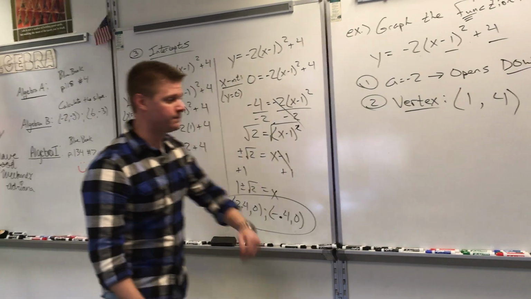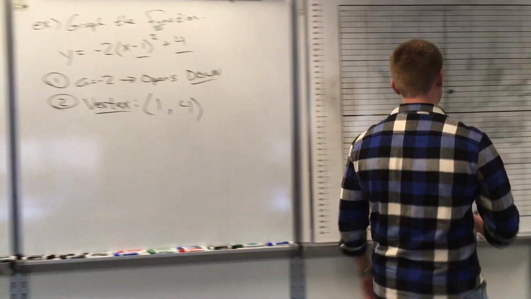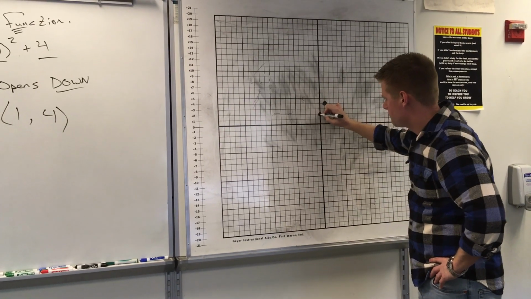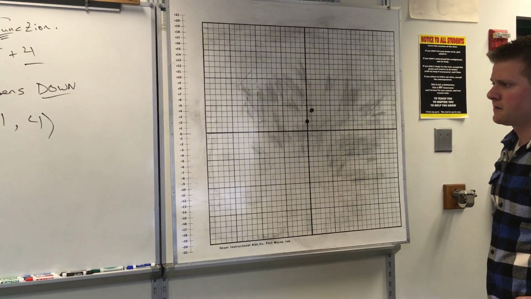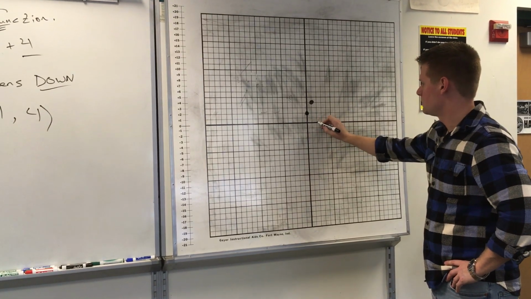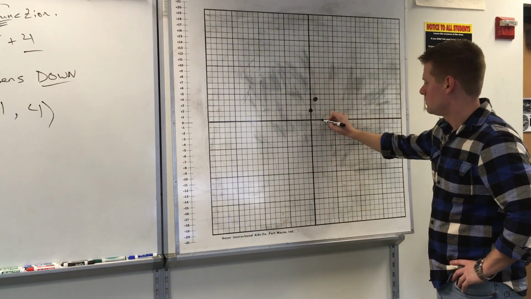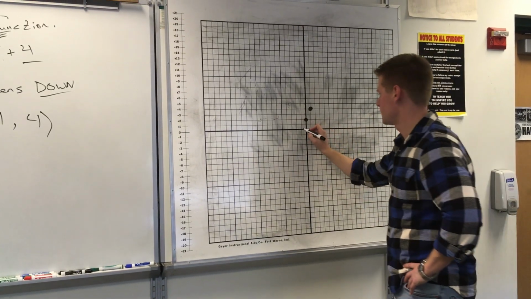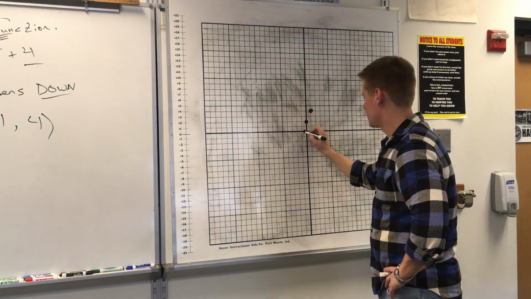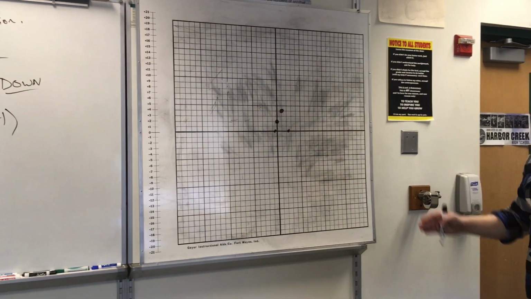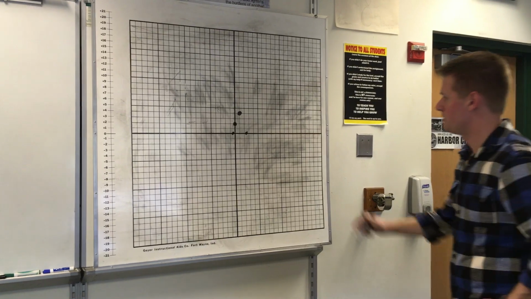So the first one, 0, 2, would go up 2. And then my x-intercepts that I'm going to approximate would be 2.40 and negative 0.40. Okay. And you can see if you graph it semi-accurately, it does still have that symmetrical aspect around the vertex.